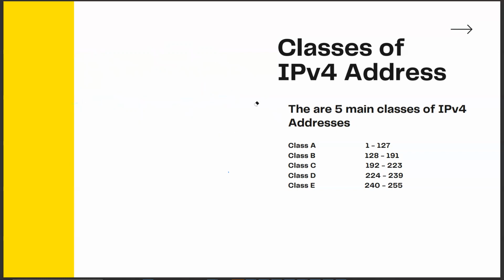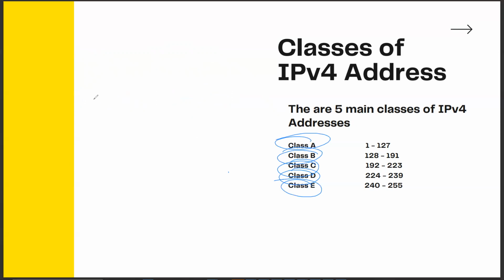Now, the same logic applies to classes in IP addresses. If you just look at an IP address, you should be able to tell whether it's a class A, class B, class C, class D, or class E. We have 5 different classes. So how do we know? This is how you get to know.